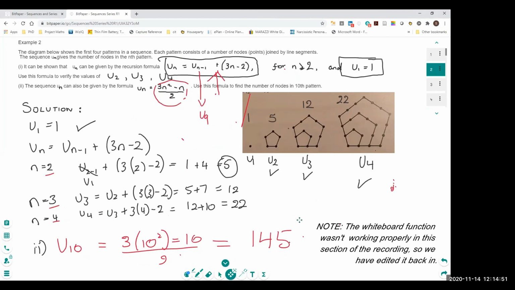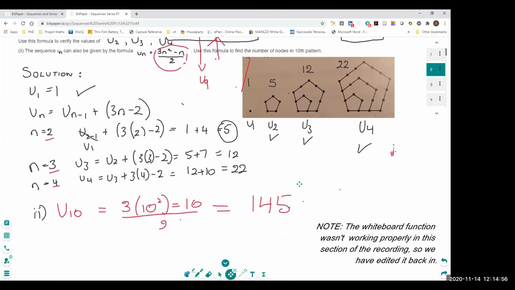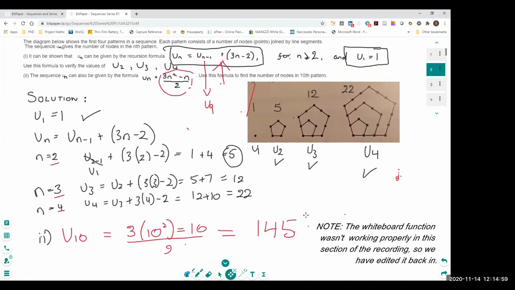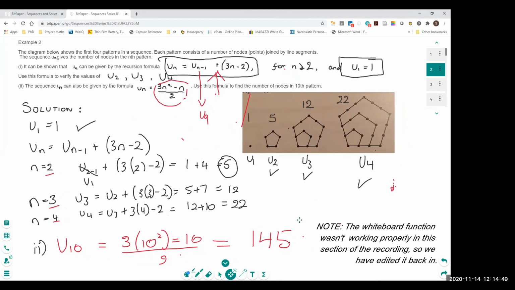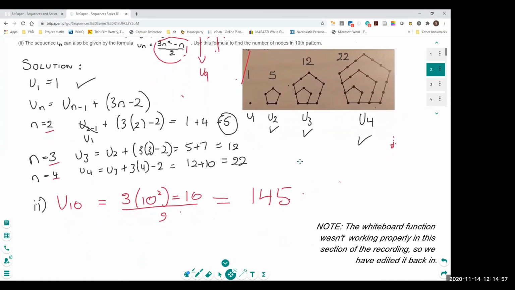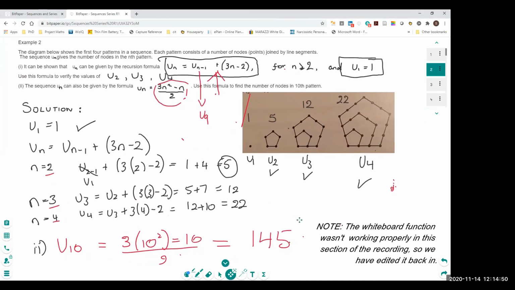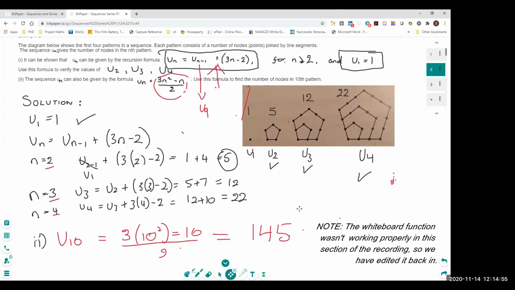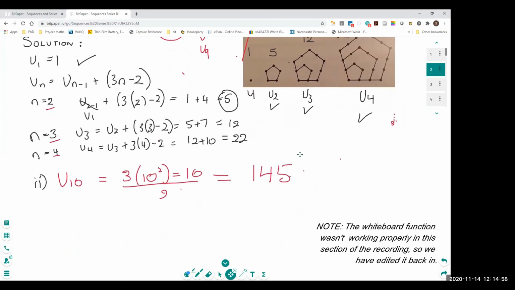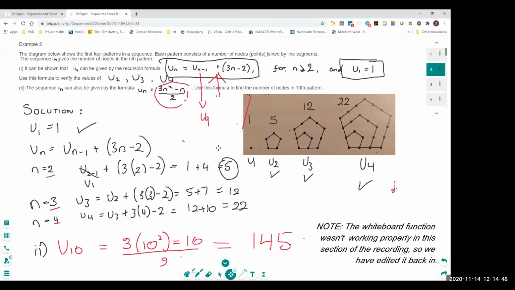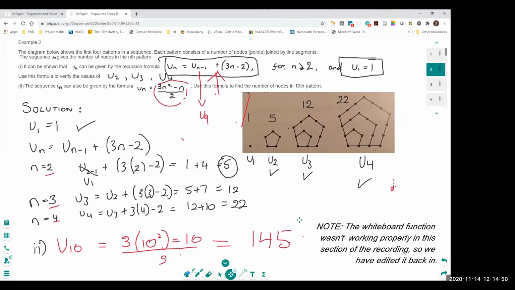So they've given us two formulas to find the value of a term. Why would we use this formula and not the other formula to find the 10th pattern? The reason being is that to find u of 10, we would need to know u of 9.